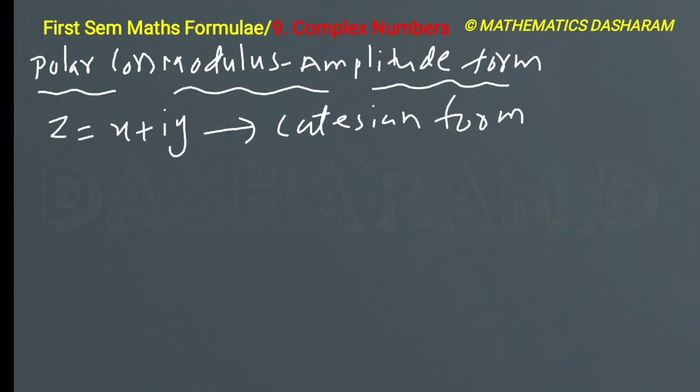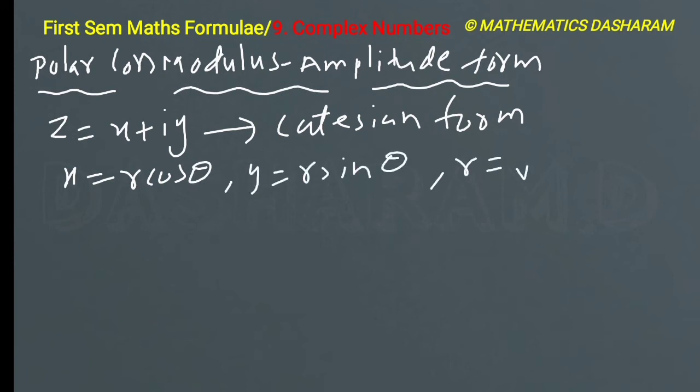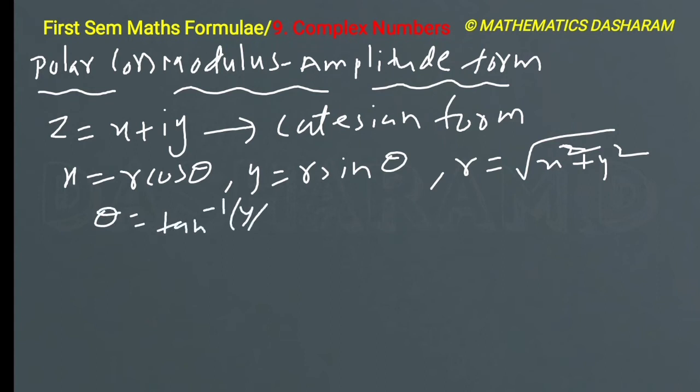In this, substitute x equals r cos theta and y equals r sin theta, where r equals under root x square plus y square and theta equals tan inverse of y by x.